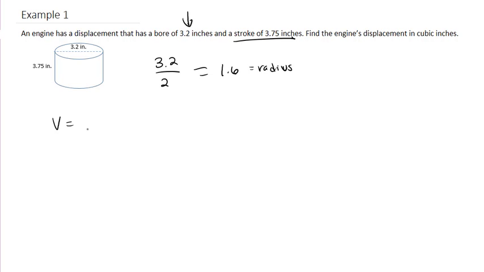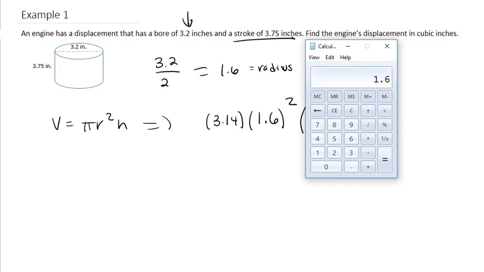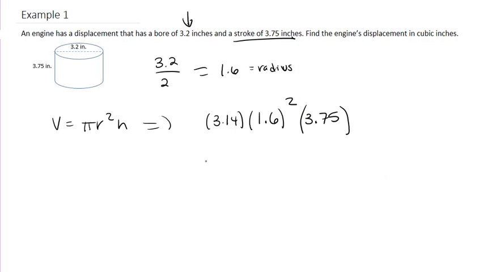So our volume is pi r squared h, which then becomes 3.14 times 1.6 squared times our height of 3.75. So let's get our calculators out. So we have 1.6, we'll just multiply this by 1.6, and that is 2.56.